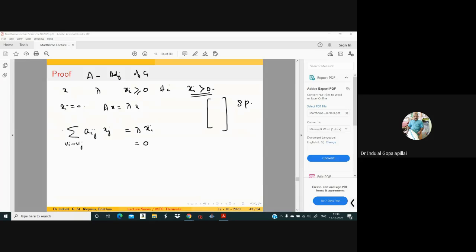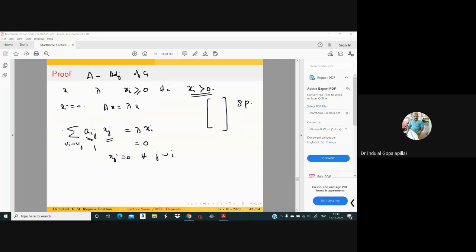If we expand along the ith row, the corresponding entry in lambda x is lambda Xi, which is equal to 0. And this is possible only if each Xj is 0, because each Xj is greater than or equal to 0 and Aij's are 1 if Vi is adjacent to Vj. So this happens if and only if Xj is equal to 0 for all j adjacent to i.